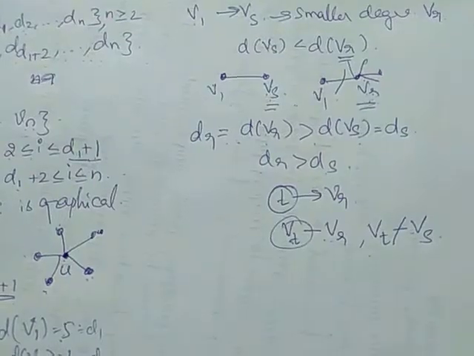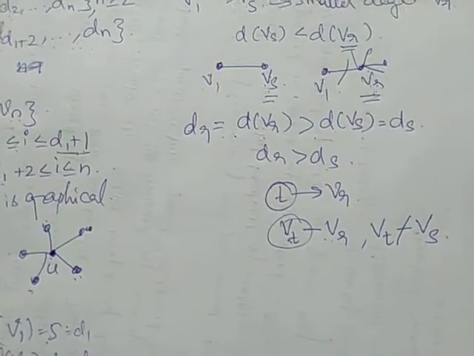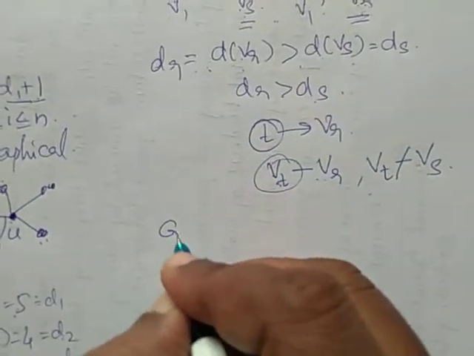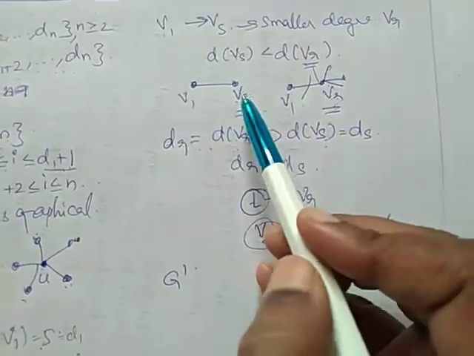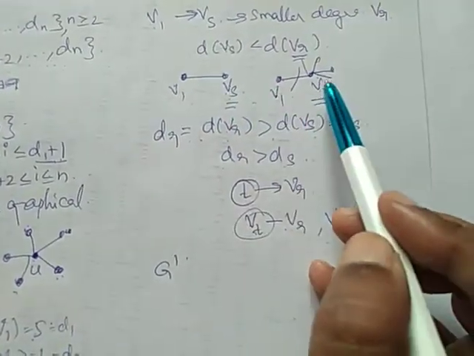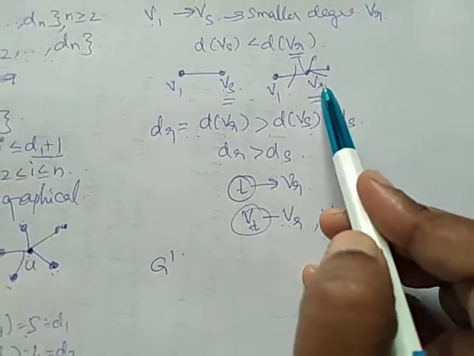So we are going to reconstruct a graph G dash. G is our graph with V1 adjacent to Vs and V1 not adjacent to Vr.